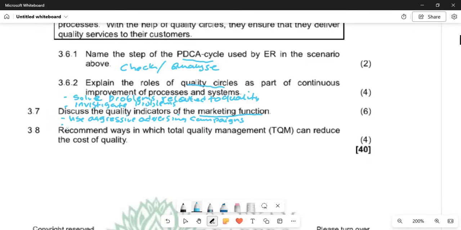Also, they win customers. Winning customers is one of the quality indicators of the marketing function. They win customers by satisfying their needs and building positive relationships. So they are going to win customers by making sure that they satisfy the customers' needs.